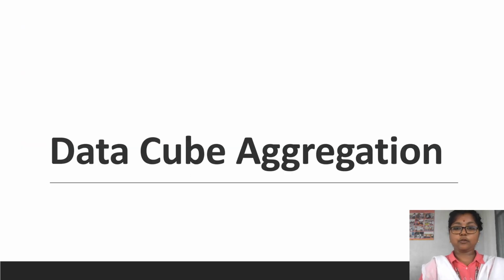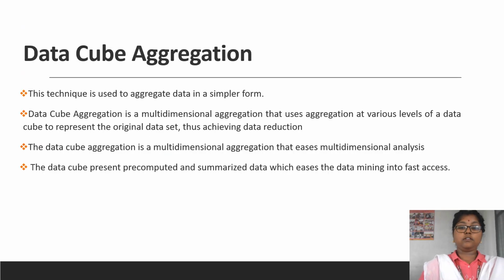Next one is data cube aggregation. This is a technique used to aggregate data in a simpler form. Data cube aggregation is a multi-dimensional aggregation that uses aggregation at various levels of the data cube to represent the original data set.